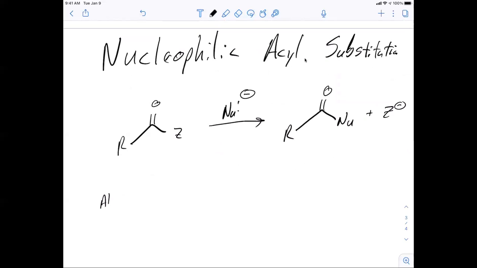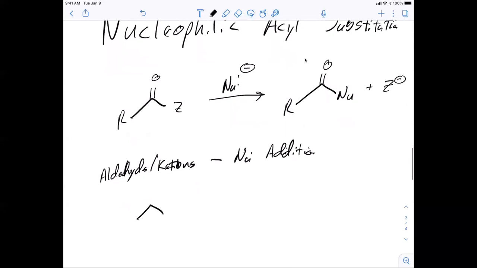If you remember, aldehydes and ketones did nucleophilic addition reactions. In that case, we had the R and the R prime with the carbonyl, and when we added our nucleophile, we did an addition.